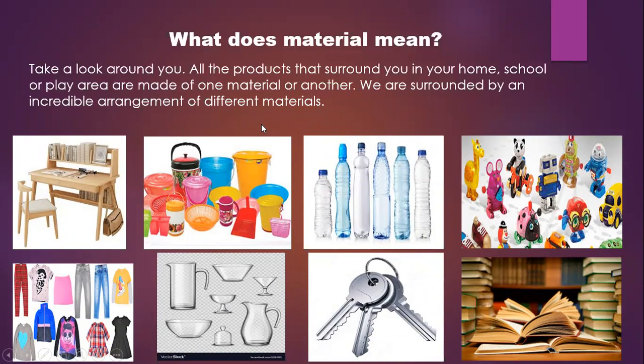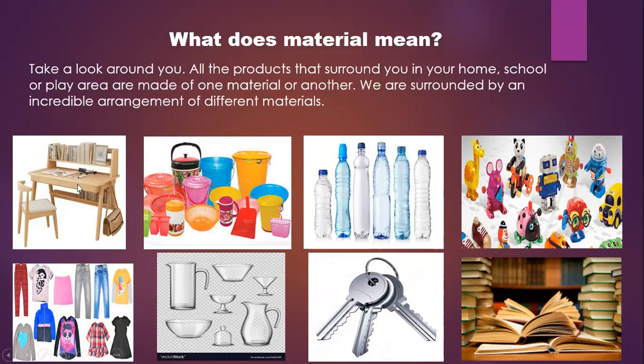Suppose right now, where are you sitting? On a chair, in front of a computer or laptop, which is on the table. All these things are made of different materials. What you have in your hands must be a book and a pencil or a notebook. So all these things are made of different types of materials.